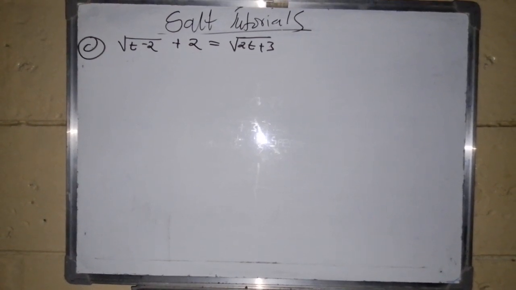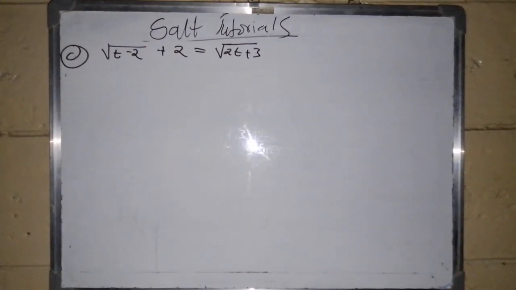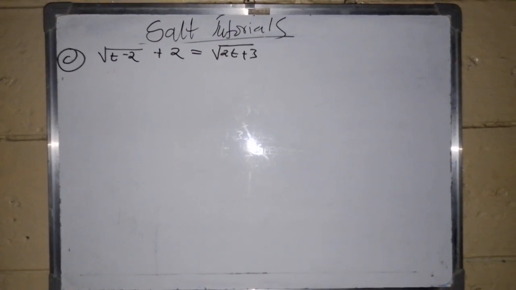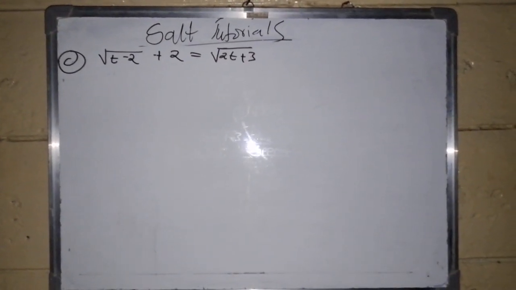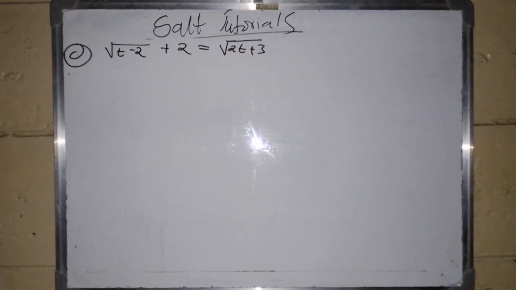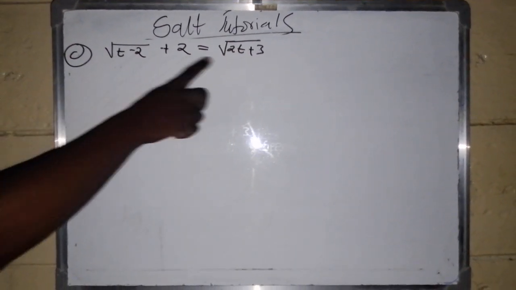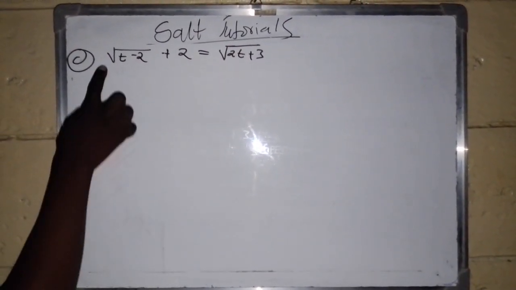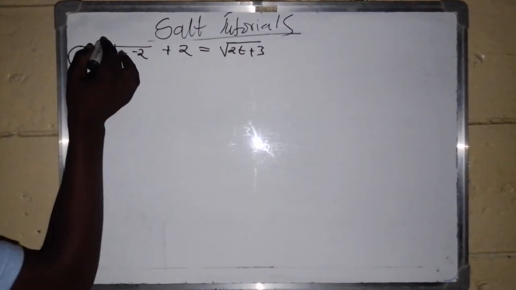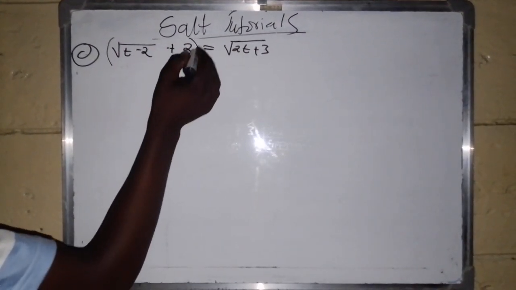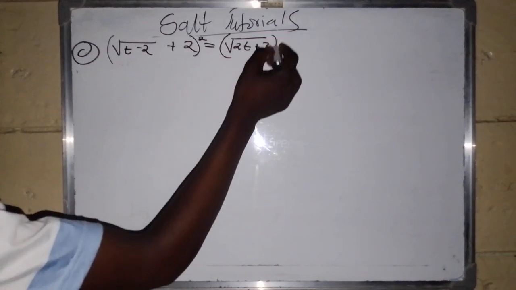Very important. So number one, remember this usual step. We always make sure that our expression should be raised to an appropriate power for some radicals to be deleted. We are still dealing with roots, so the only way these roots can be deleted is to raise both sides of the expression power 2.